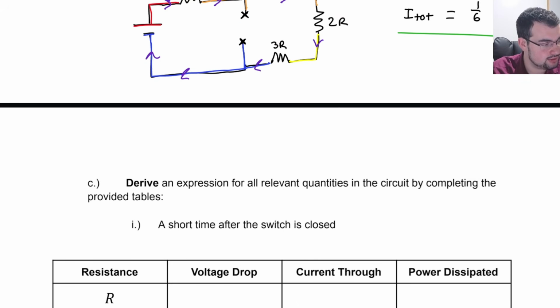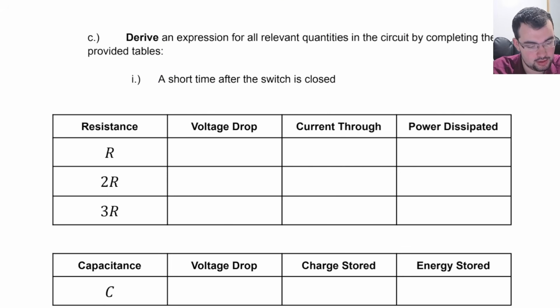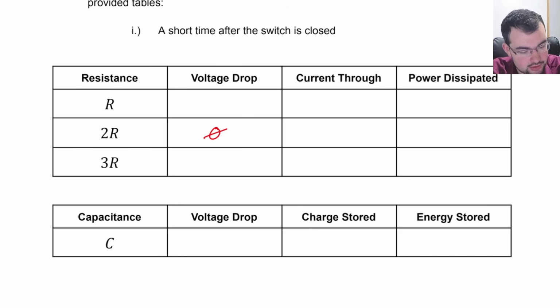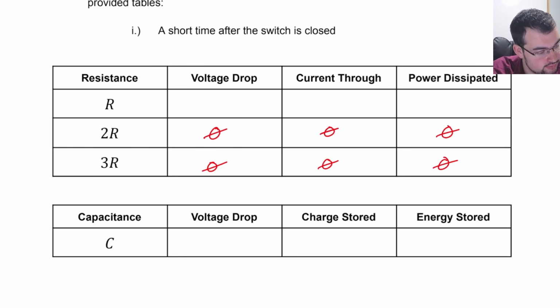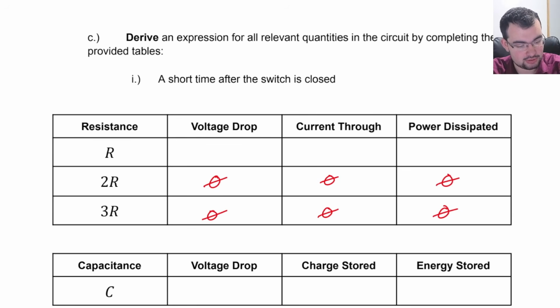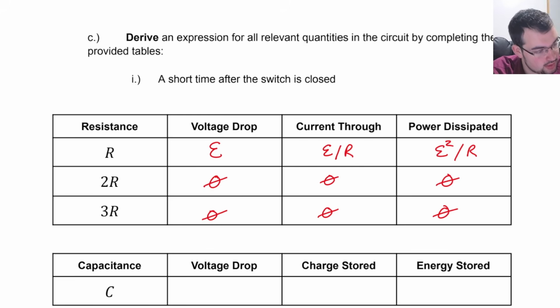All right, now let's do our table. Short time. Well, 2R and 3R were shorted, so there's absolutely nothing happening for those. Then what about our regular resistance? Well, 1R had all the voltage drop, so it just had the Ohm's law current, epsilon over R, and power dissipated. Pick your favorite formula.